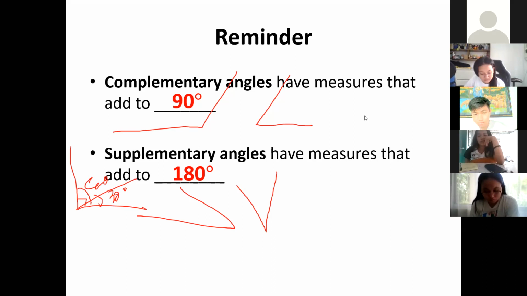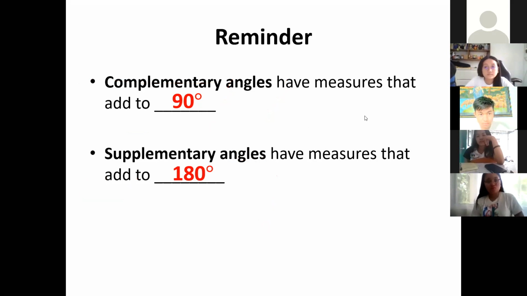But if you have two angles which are supplementary, you can associate this with a straight line, a straight angle, with two angles that divide the straight line. If you have complementary angles, they will divide a right angle, either equally or unequally.